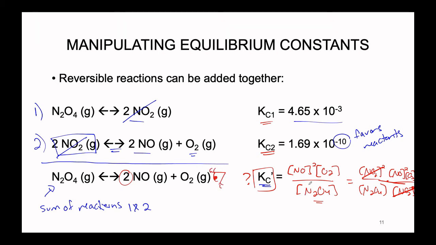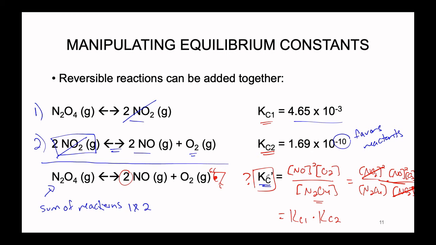In other words, the equilibrium constant is simply equal to the product of the equilibrium expressions from the first two reactions. Our Kc prime is equal to Kc1 times Kc2.